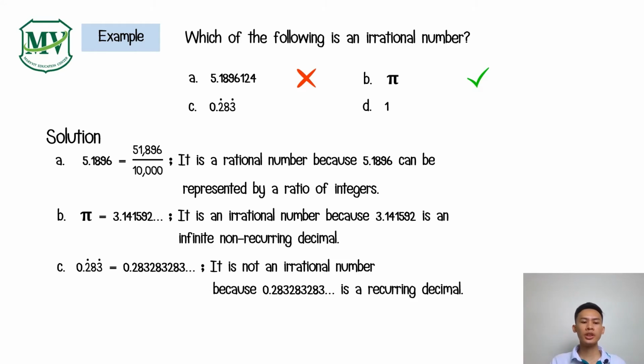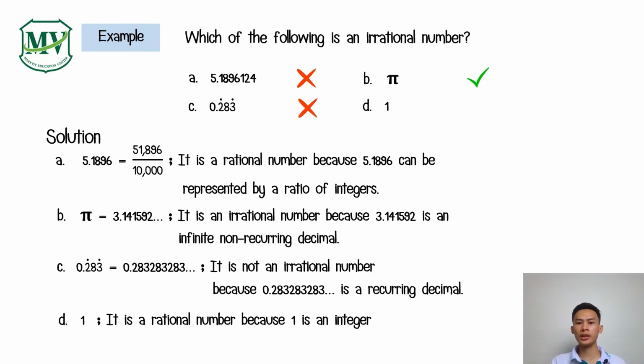In letter C, 0.283 with the dots above is equal to 0.283283... It is not an irrational number because it is a recurring decimal. In letter D, 1 is a rational number because 1 is an integer. So the answer is letter B.